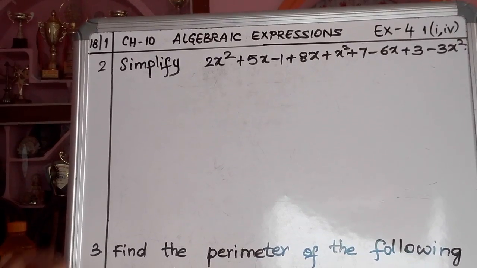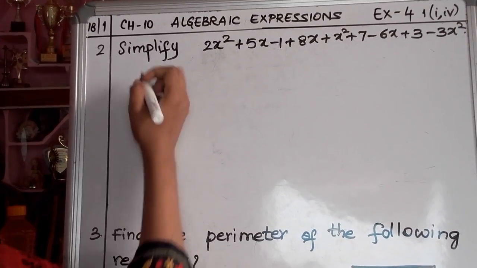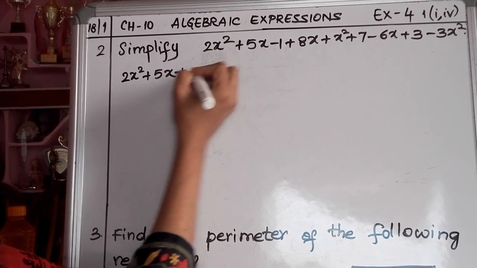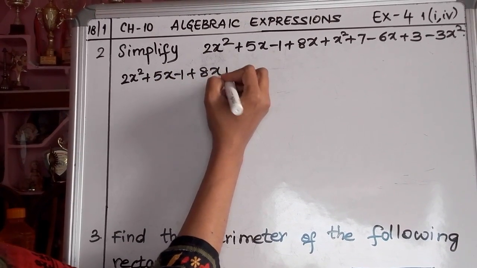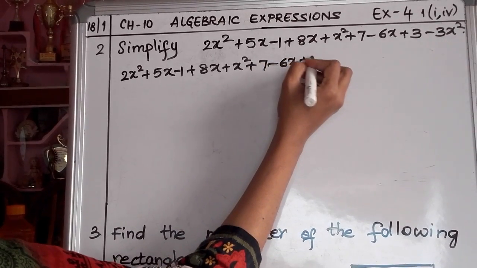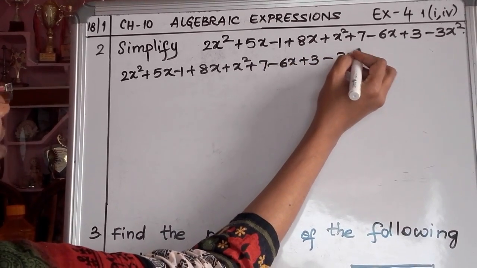So the second problem is simplify 2x square plus 5x minus 1 plus 8x plus x square plus 7 minus 6x plus 3 minus 3x square.